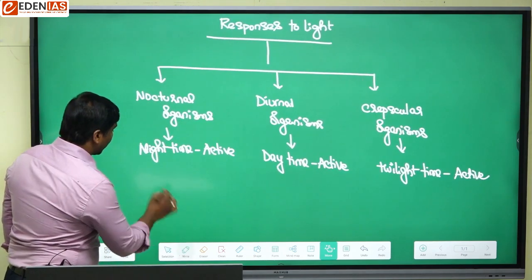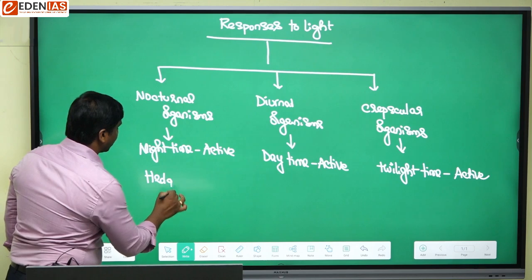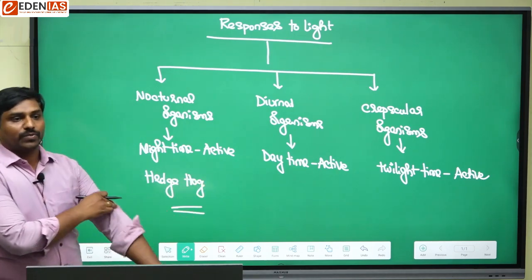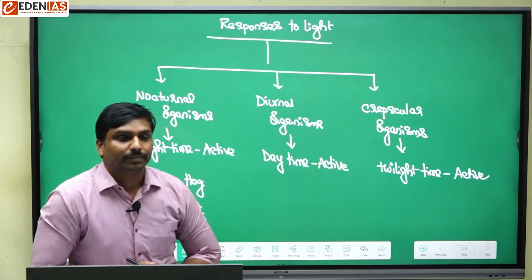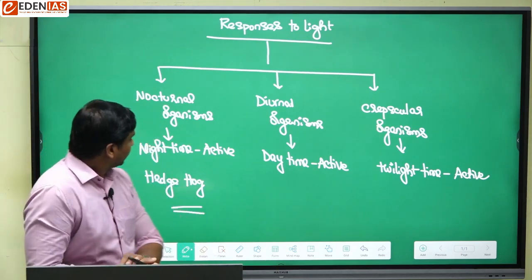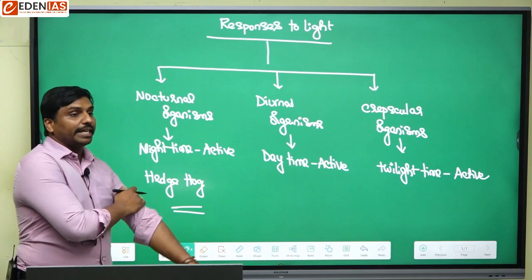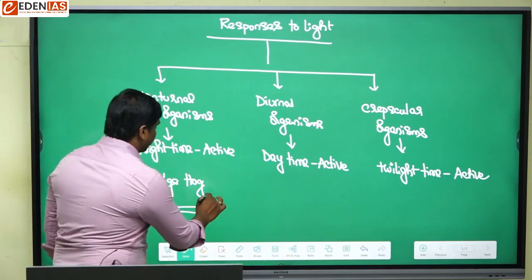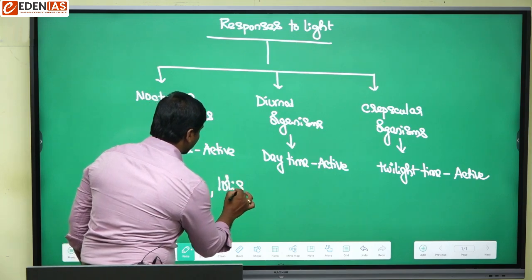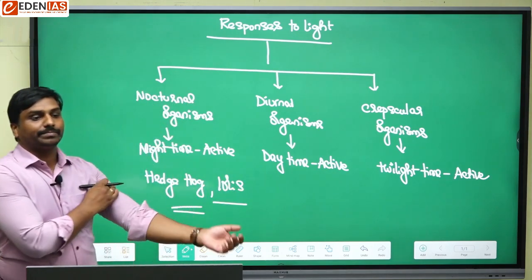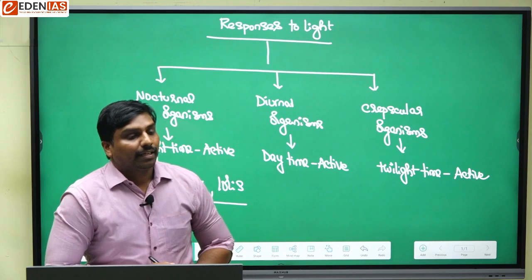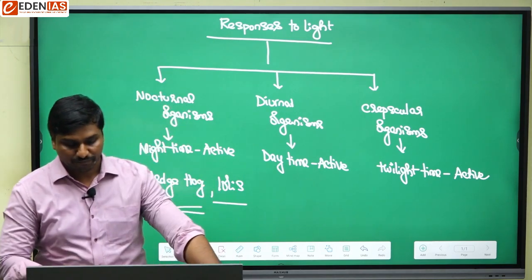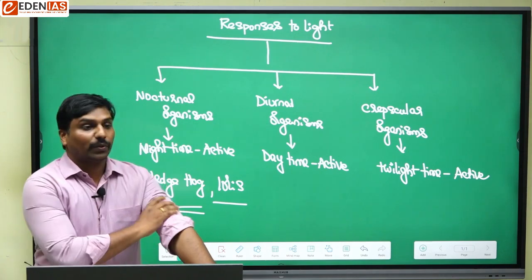So for example, if you are unaware of anything, just refer to the images so that you can catch them. Okay, hedgehog, H-E-D-G-E-H-O-G, hedgehog, okay, loris, etc. Okay, so that is one thing.